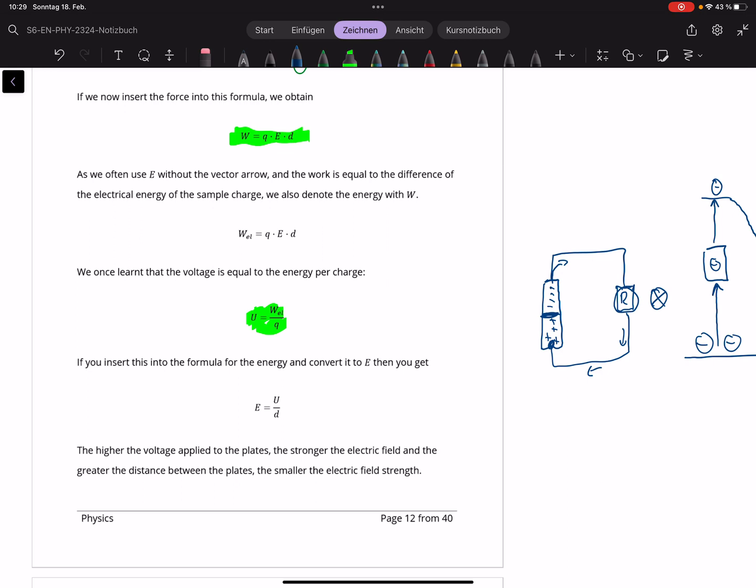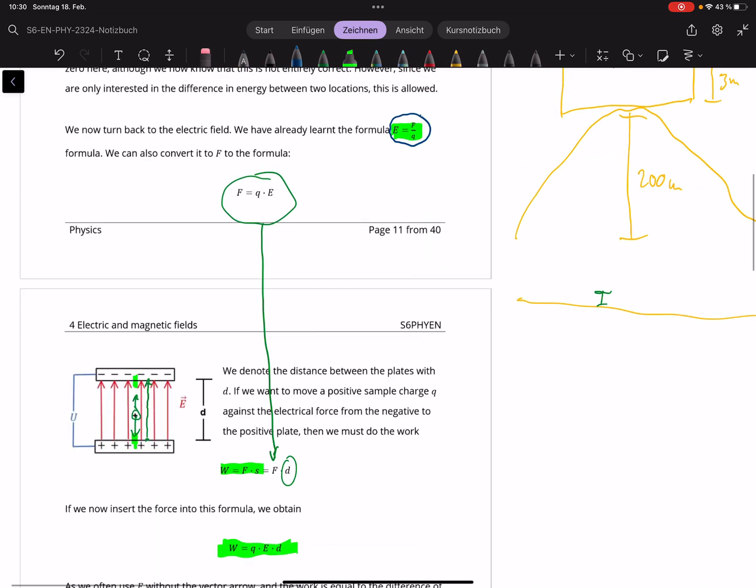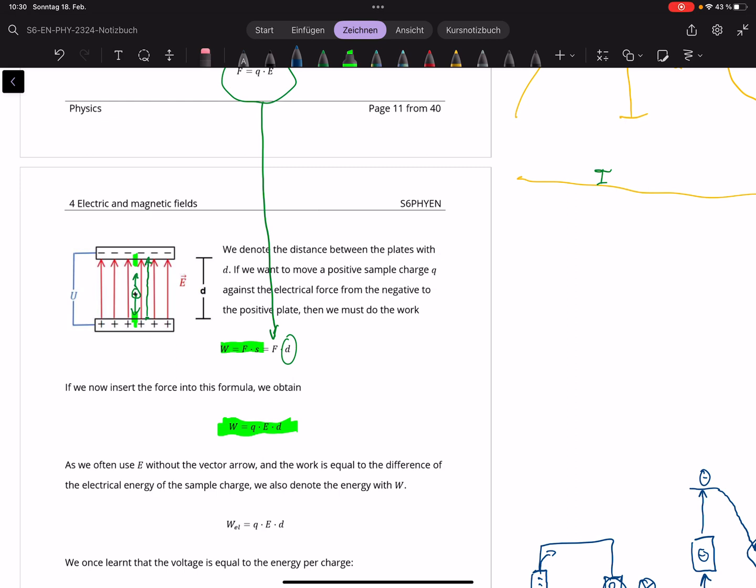And then we see that here the energy is U times Q, and from above we have seen that it is Q times E times D, and that cancels out, so E is U divided by D. So it's voltage per distance in such a conductor that we have here.